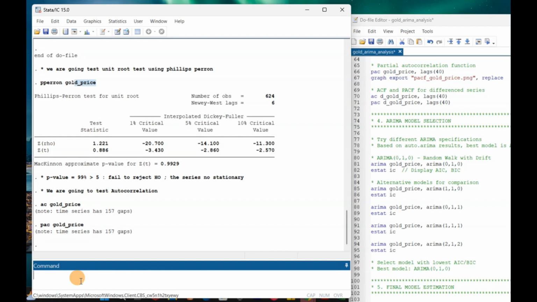I will just explain after. ARIMA gold price, comma ARIMA bracket 0 0. It worked.